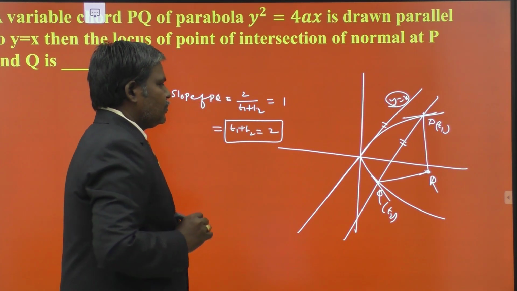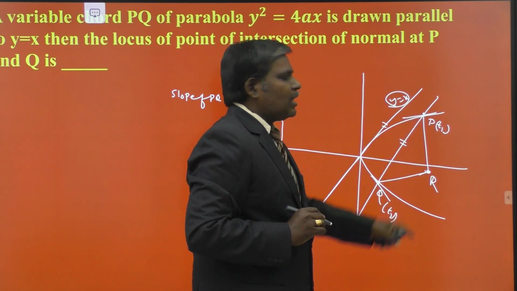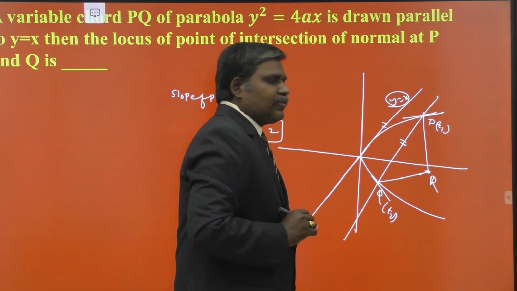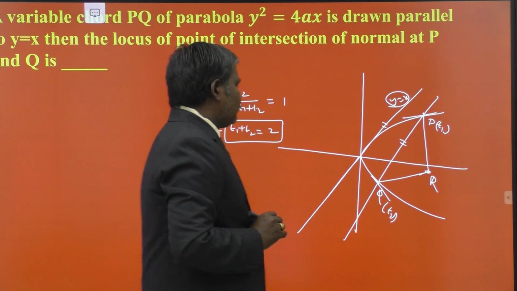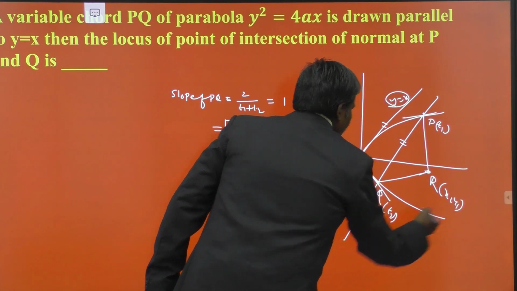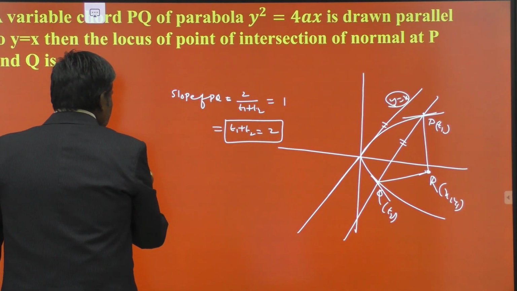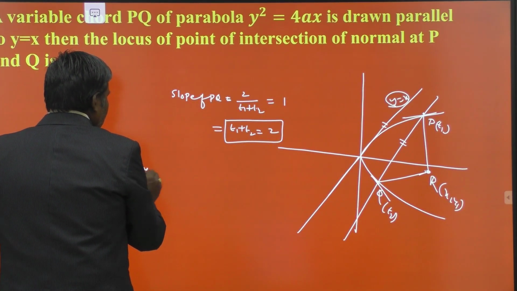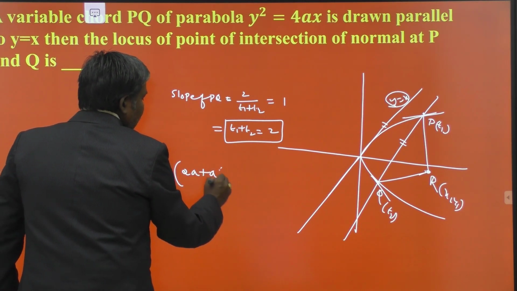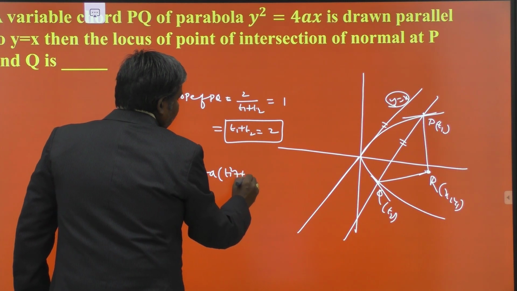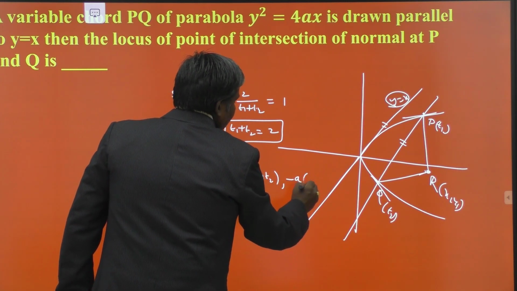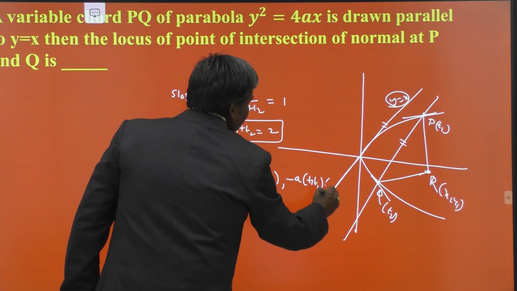This is the condition. Now, all of you know the point of intersection of normals at P of t1 and Q of t2 to the parabola y square equal to 4ax. Suppose this is the point x1 comma y1. x1 comma y1 is equal to 2a plus a times (t1 square plus t2 square plus t1 t2) comma minus a t1 t2 into (t1 plus t2).